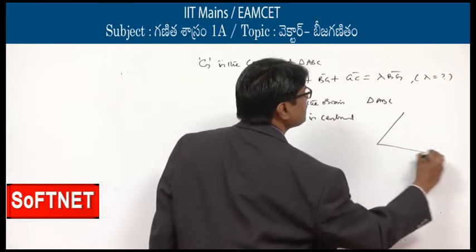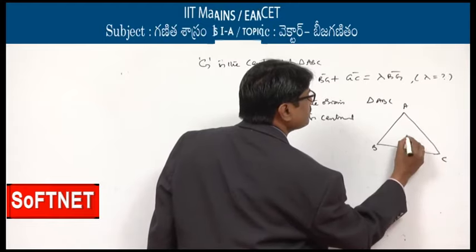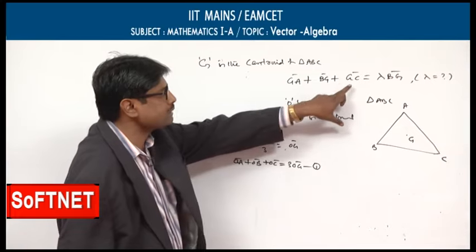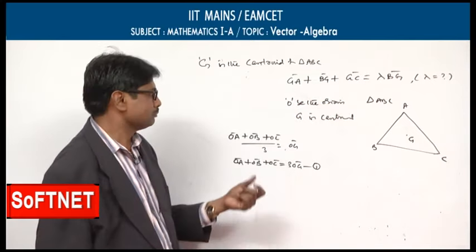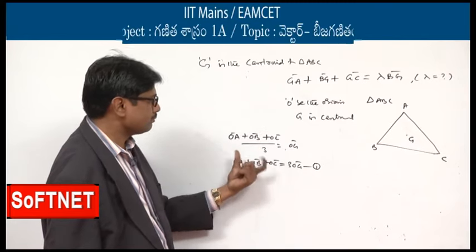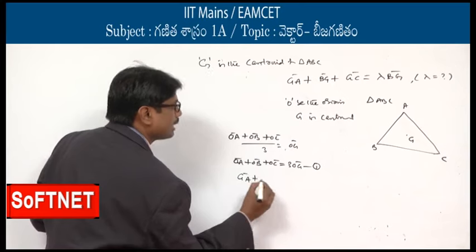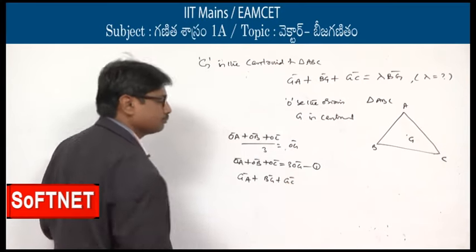Draw one triangle ABC and define the centroid. G is the centroid. GA bar plus BG bar plus GC bar is equal to lambda times of BG bar. Find out lambda value. So G is the centroid, we define. Now take left hand side GA bar plus BG bar plus GC bar.